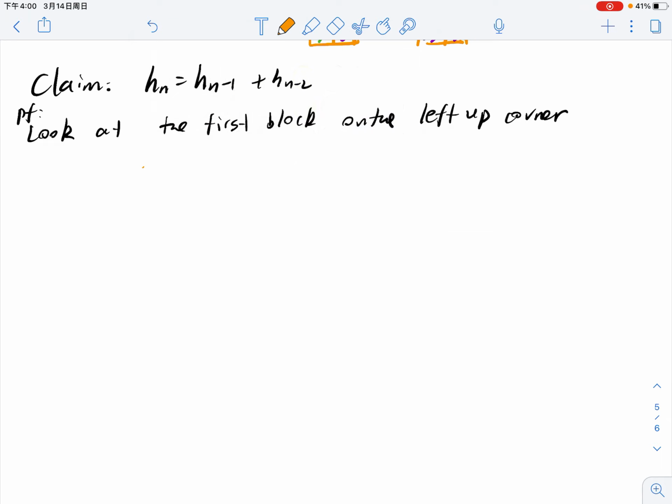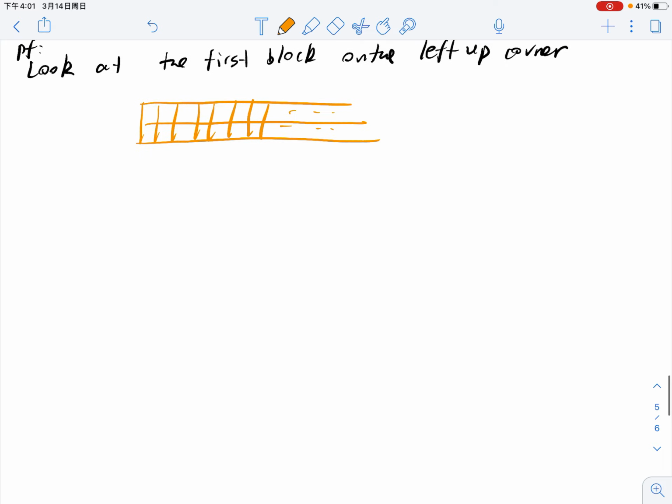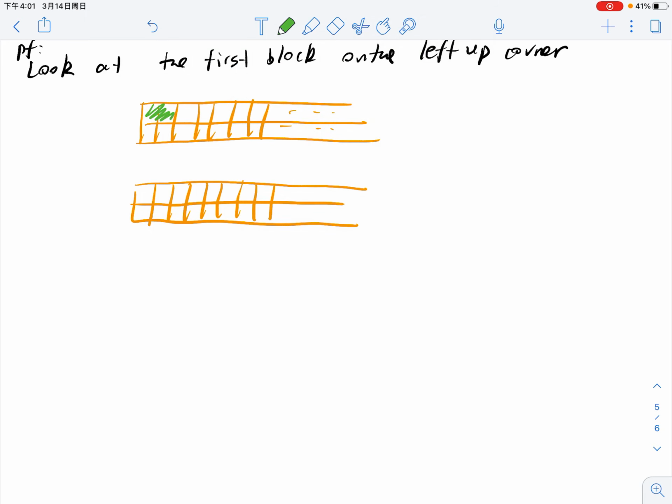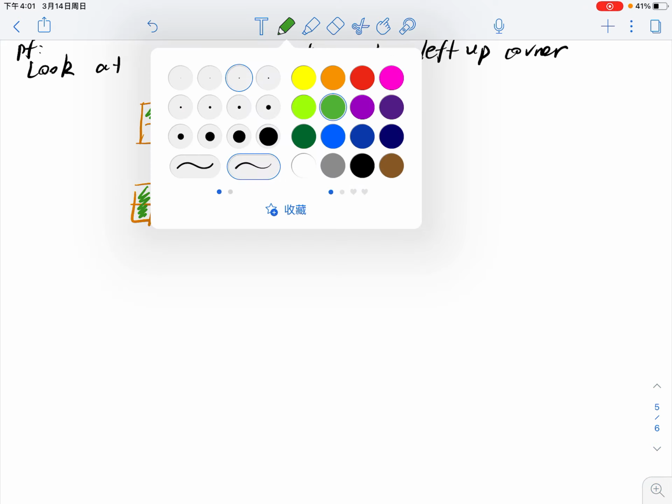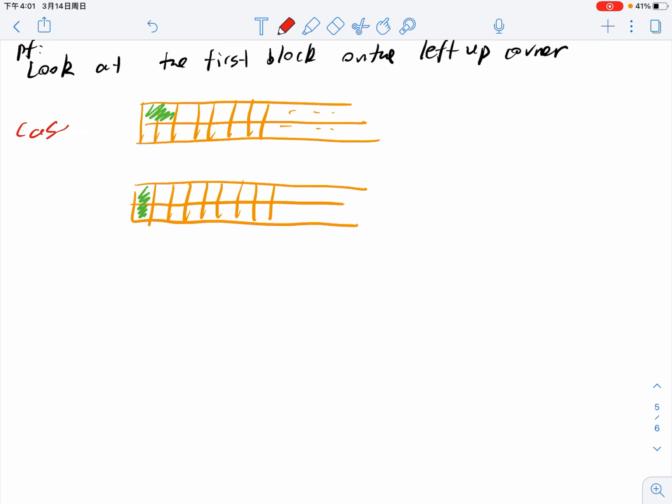Then you have two choices or two possibilities for the domino covering the first block. So firstly, you might have this one. Secondly, you might have this one. Okay, case 1, case 2.